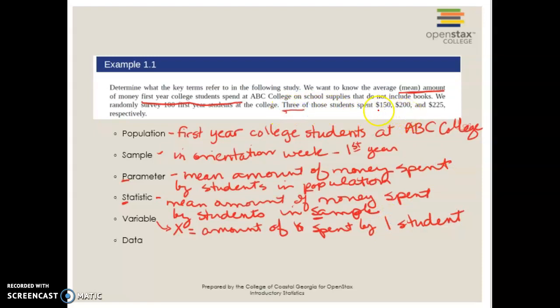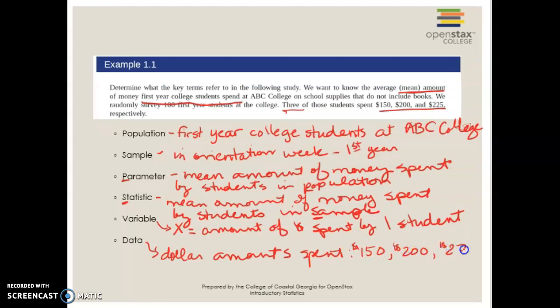The 3 up here are 150, 200, and 225, and that is your data. Okay, that is the dollar amounts spent. Okay, that 150, 200, and 225 are examples.